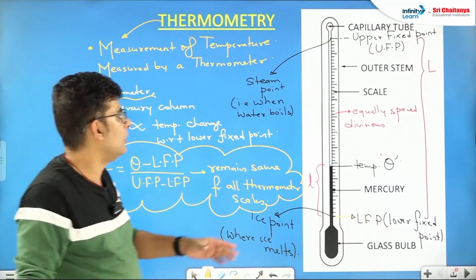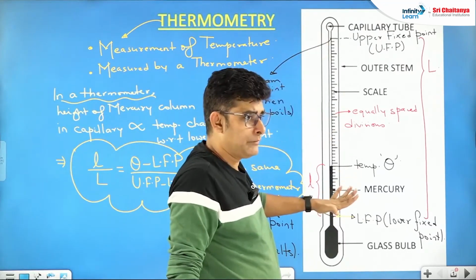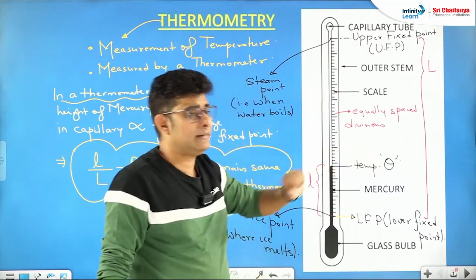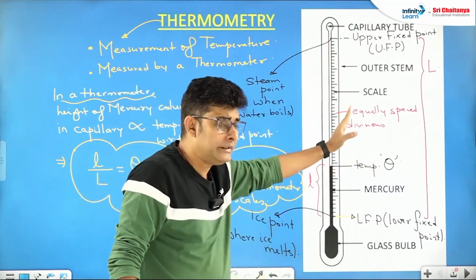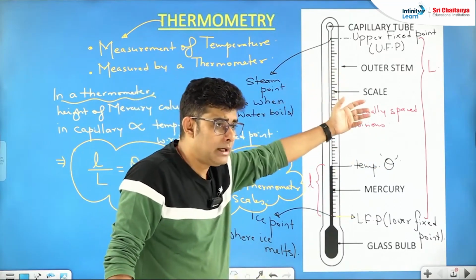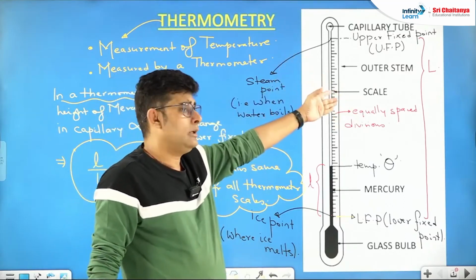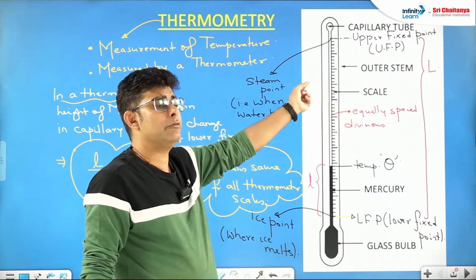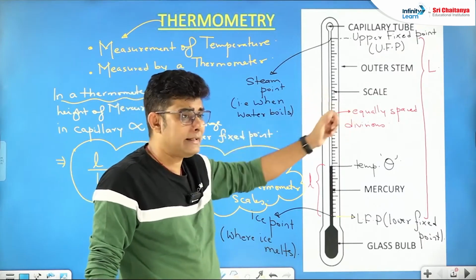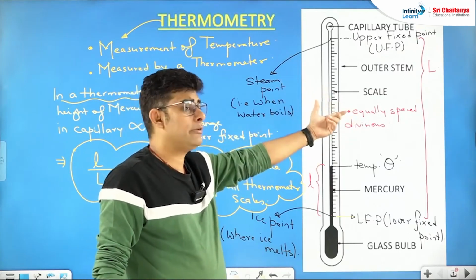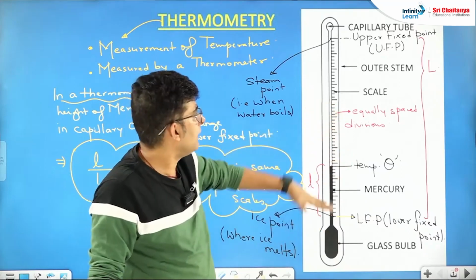Why am I saying so? Because this thermometer is given. Now it can be a Celsius thermometer, it can be a Fahrenheit thermometer, it can be an absolute thermometer measuring in Kelvin, it can be a thermometer when the scale is Rankine. There is a thermometer which has a scale called Reaumur.